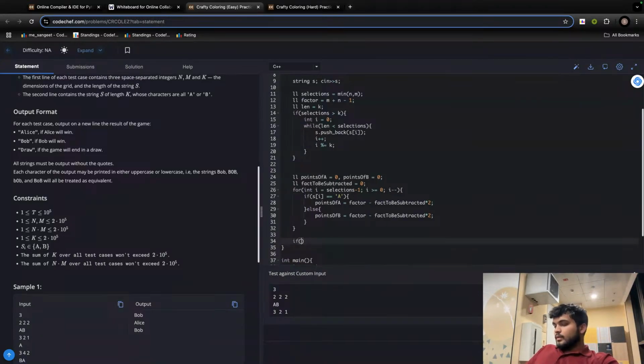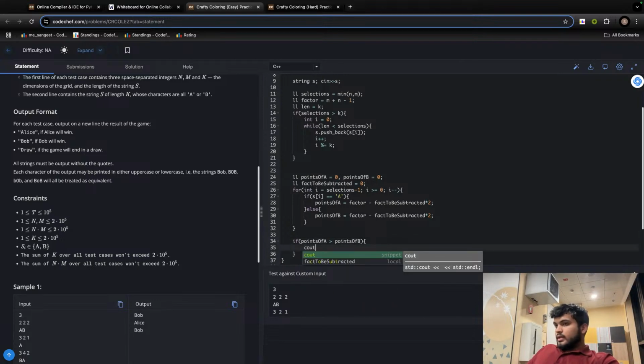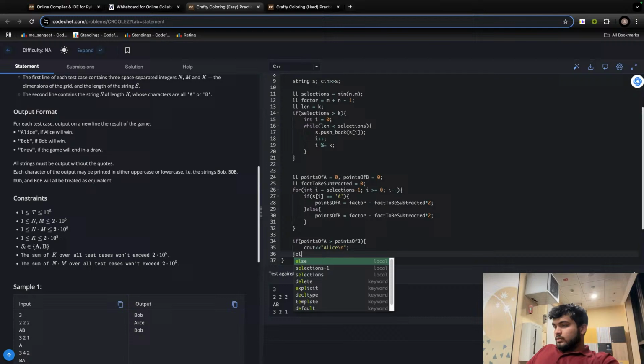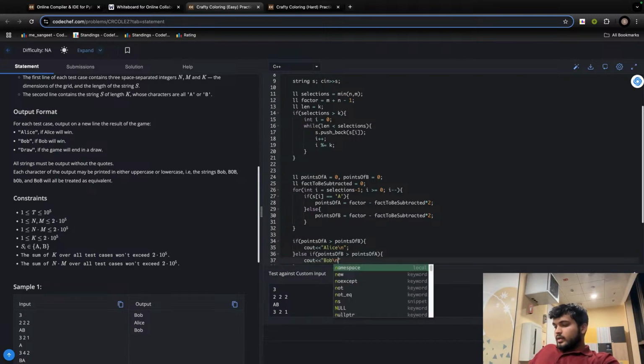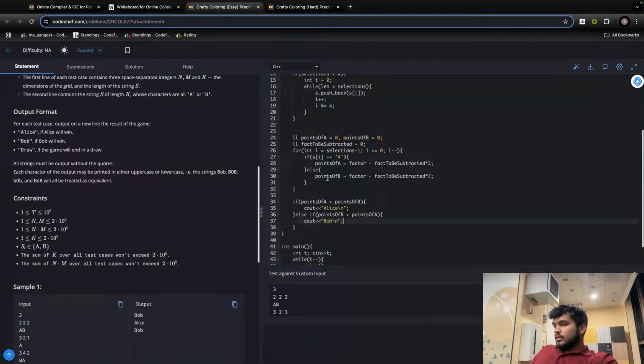If points of A is greater than points of B, then we will be printing Alice. Else, if points of B is greater than points of A, we will be printing Bob, or else we will be printing draw.